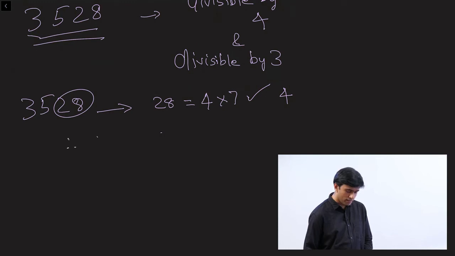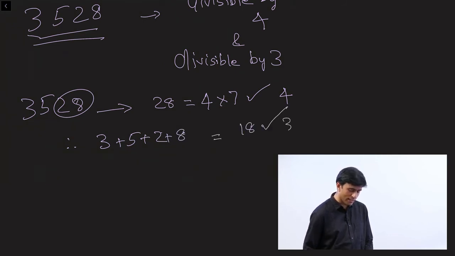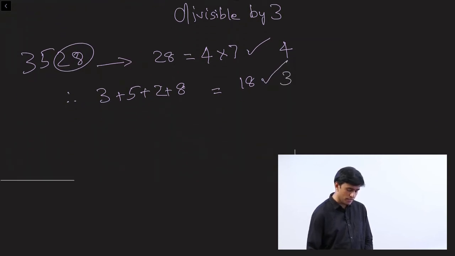How do you do that? 3 plus 5 plus 2 plus 8 gives you 18, which is a multiple of 3. It's divisible by 3 as well. Since the number is divisible by 4 and 3, we can say 3528 is divisible by 12.